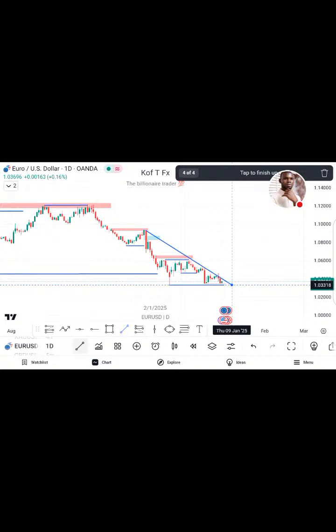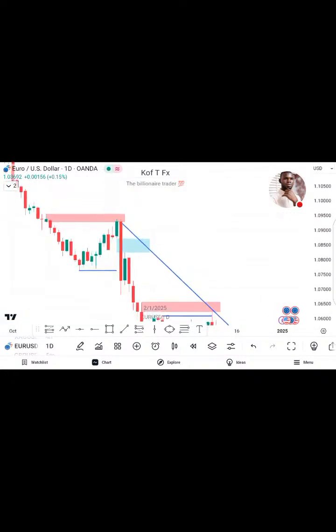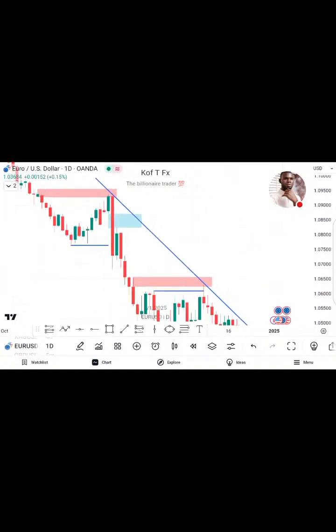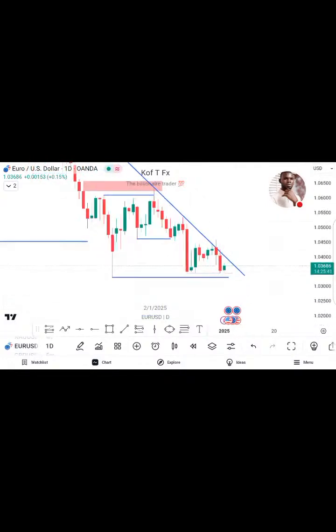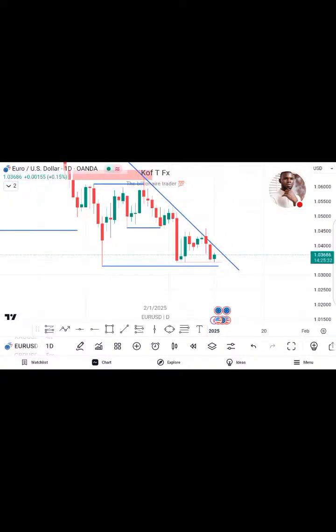We have that trend line. Yeah, that's a series of touches.